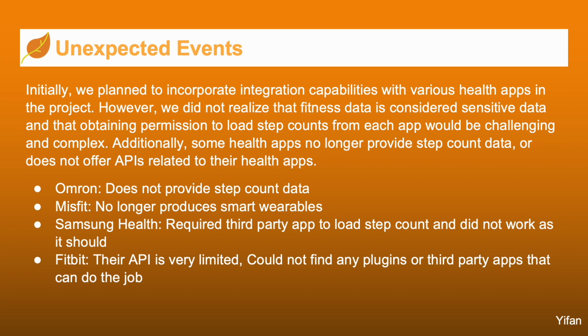Finally, we decided to focus on Apple Health and Google Fit, which have most of the users according to the previous data. We also communicated with the sponsor on time about these unexpected events and the solutions, and they're satisfied with that. The way we handled the unexpected events allowed us to deliver all of the core functionalities in a limited time and try our best to satisfy our sponsors.